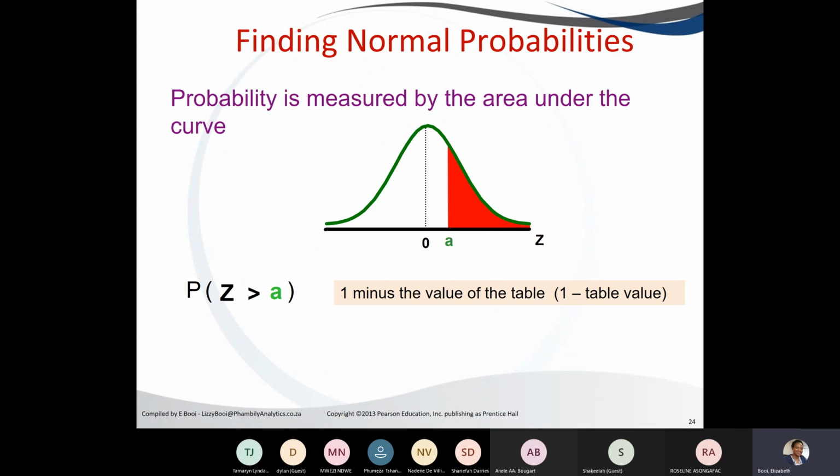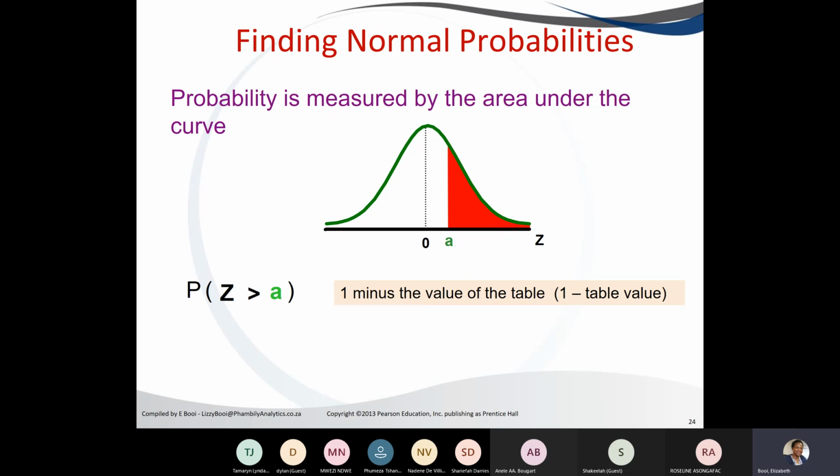In the same way, since we're looking at the positive A and it's greater than, it will be on the positive side, all the area underneath the curve. The challenge with this is that the table contains the probability of less than, both the positive and the negative.